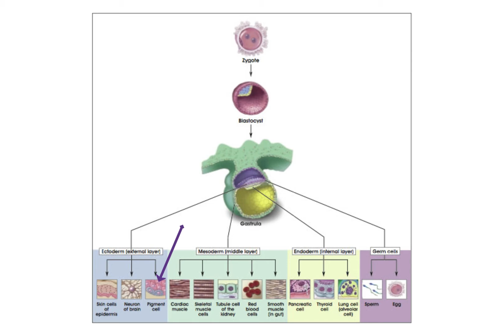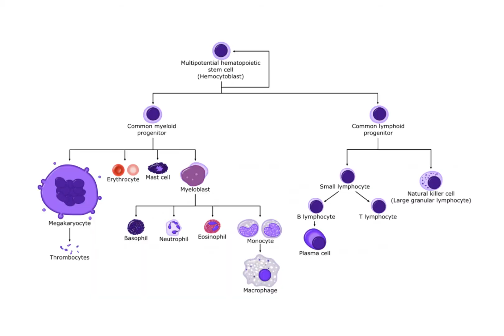But when they're cancerous, you really don't want them moving around. Melanoma cells go back to that embryonic pattern and start moving very early in the development of cancer. Blood cells are interesting in that they form so many different types of mature cells.